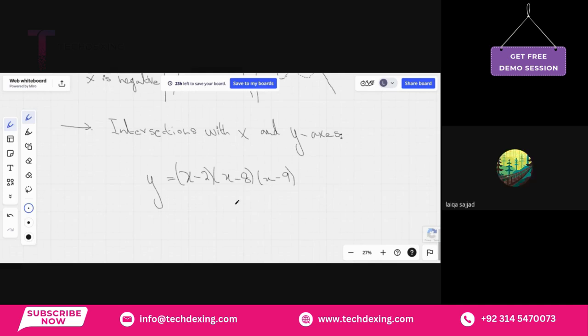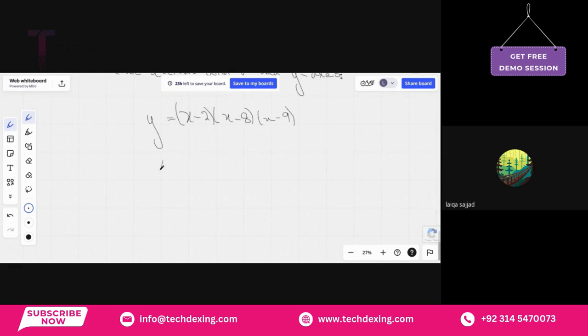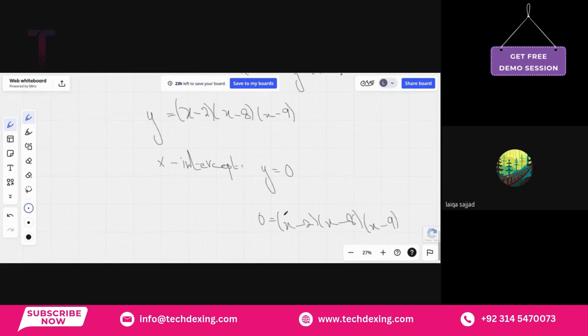How can we find that out? We want to find the x-intercept, and we know that at the x-intercept the value of y is 0. So to find the x-intercept, we put y equals 0. So 0 equals x minus 2 and x minus 8 and x minus 9, like this.